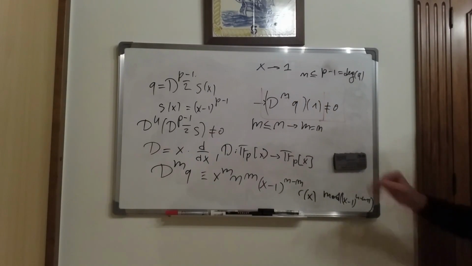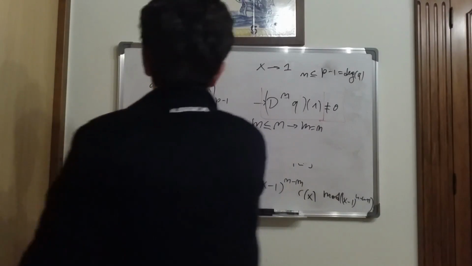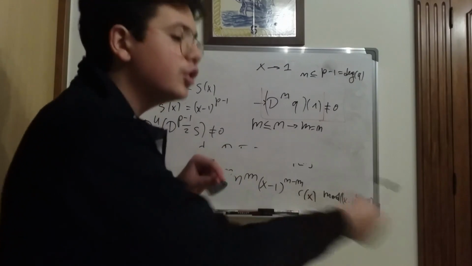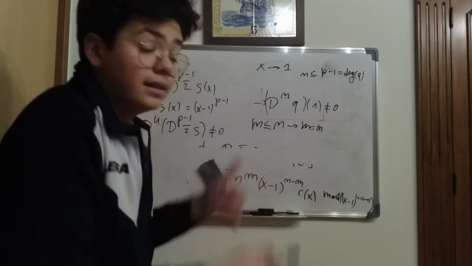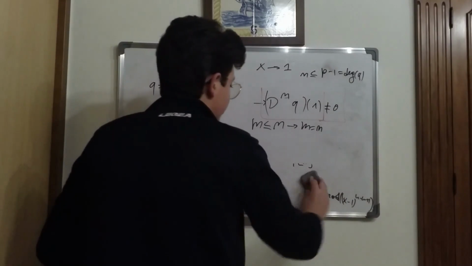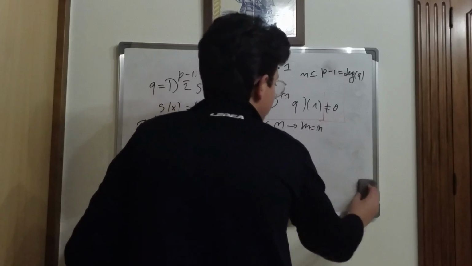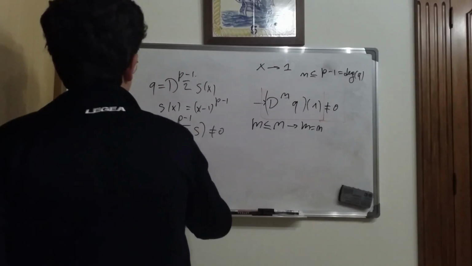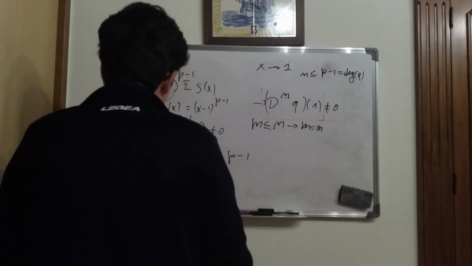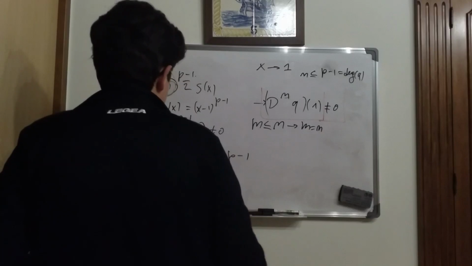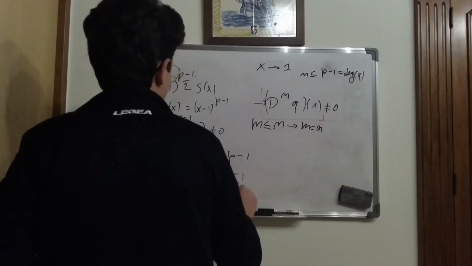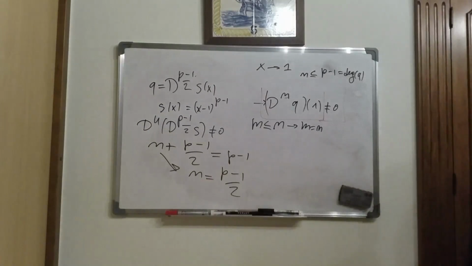Okay, and so if this expression is right, n plus (p minus 1) over 2 must be equal to p minus 1, the degree of polynomial s. And so n plus (p minus 1) over 2 is equal to p minus 1. And so the answer is n equals (p minus 1) over 2. This is the answer.